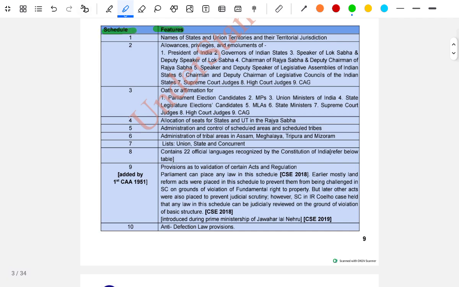Schedules. Schedule 1, names of the states and union territories and their territorial jurisdiction.